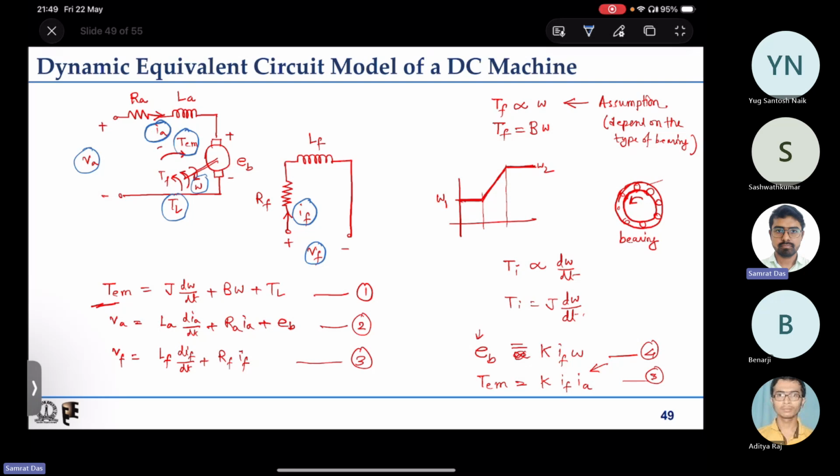So in these equations you can understand that we have VA, VF, which are the input variables, whereas the speed is the direct output variable. And we have some intermediate things like the current, which will be causing the electromagnetic torque, and that in turn will be deciding the speed.